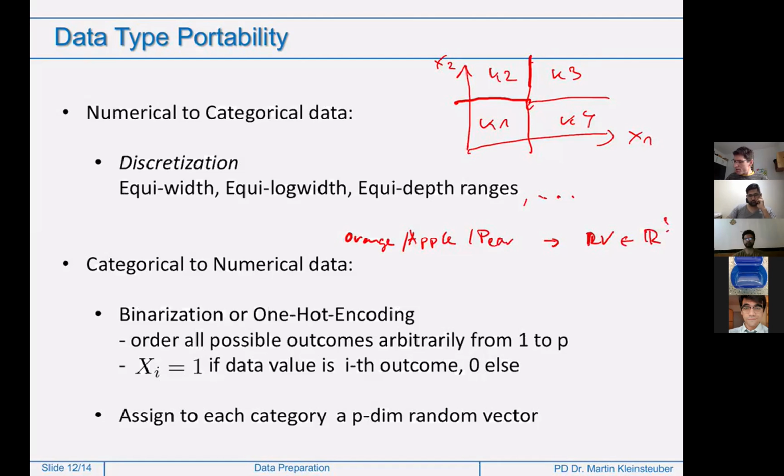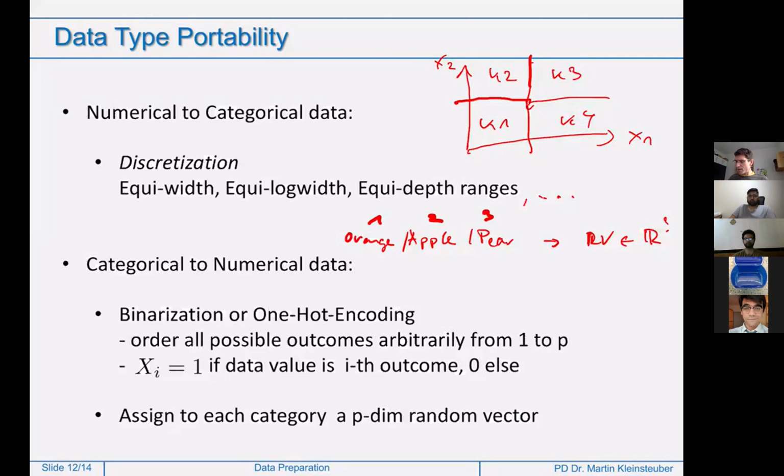the question is, how far do we go? And one way of doing that is the so-called binarization or one-hot encoding. The one-hot encoding says that we order all possible outcomes arbitrarily from 1 to p. Here, 1, 2, 3. So in this case, p is equal to 3.